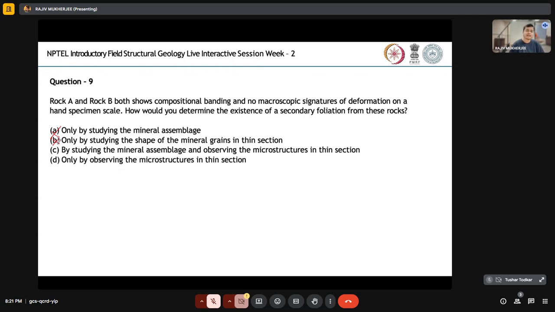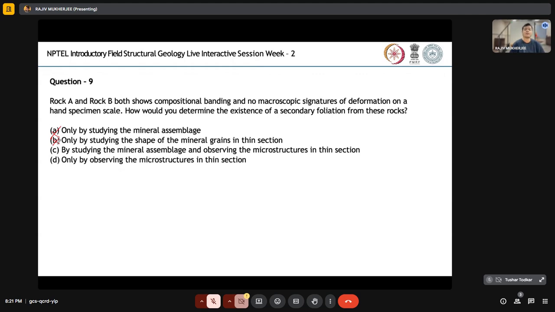So microstructure is a very important aspect for studying deformation in structural geology, right? And different kinds of material will also show different kinds of microstructures, and they are mostly delineated from each other through their optical properties, right?